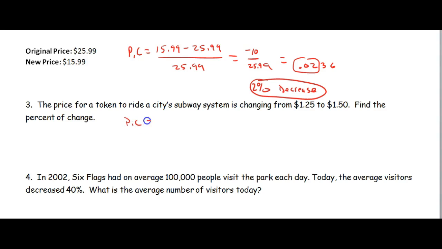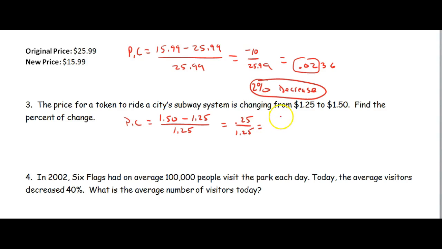So the percent change would be the new, $1.50, minus the old, $1.25, all divided by the original or old, which is $1.25. That would give us 0.25 over 1.25.